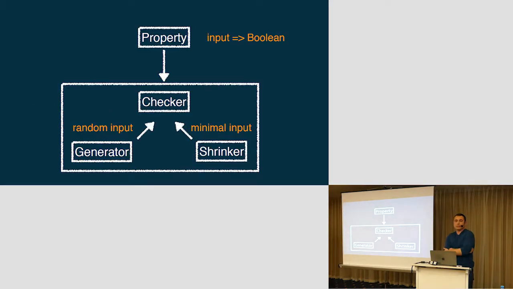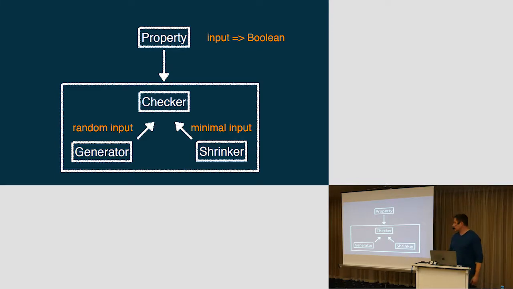Who already knows what ScalaCheck or property-based testing is all about? Okay, just for those who don't, we have such software which is able to test different configurations for us. It consists of the generator, which generates this data, the checker, which executes the tests, the property, which we formulate about our system, what we expect our system to do and not to do with the test data, and the shrinker.